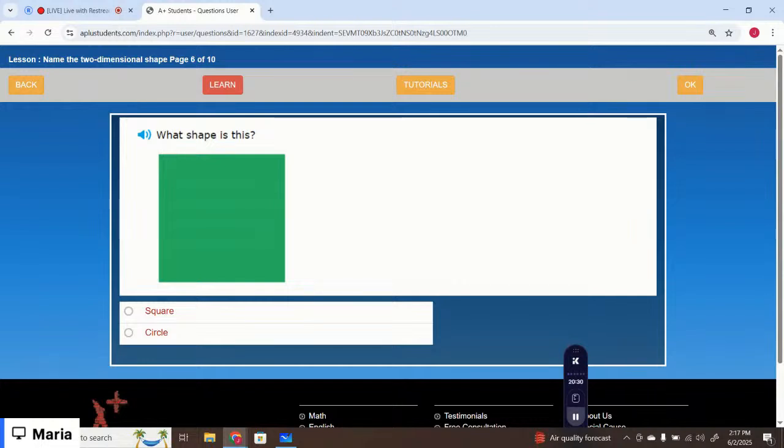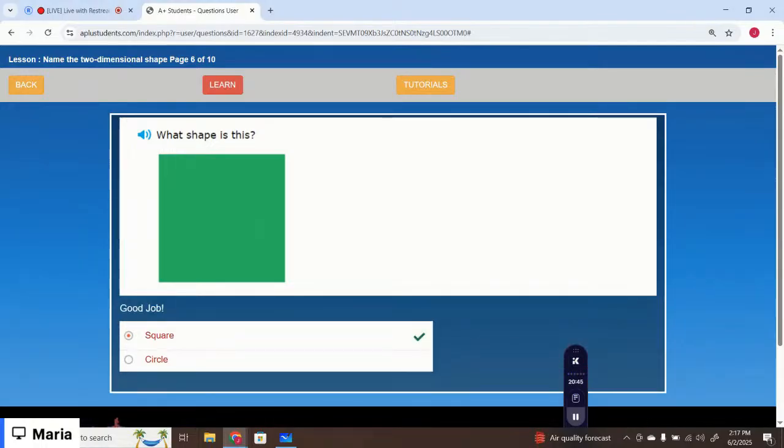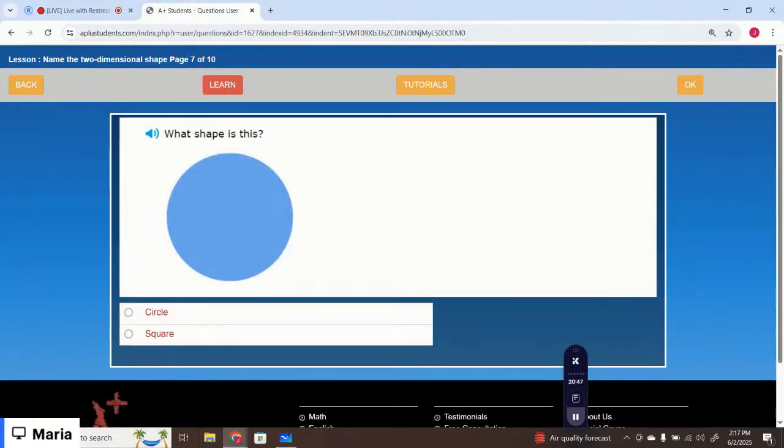What shape is this? That is a square, option number one is the correct option. What shape is this?